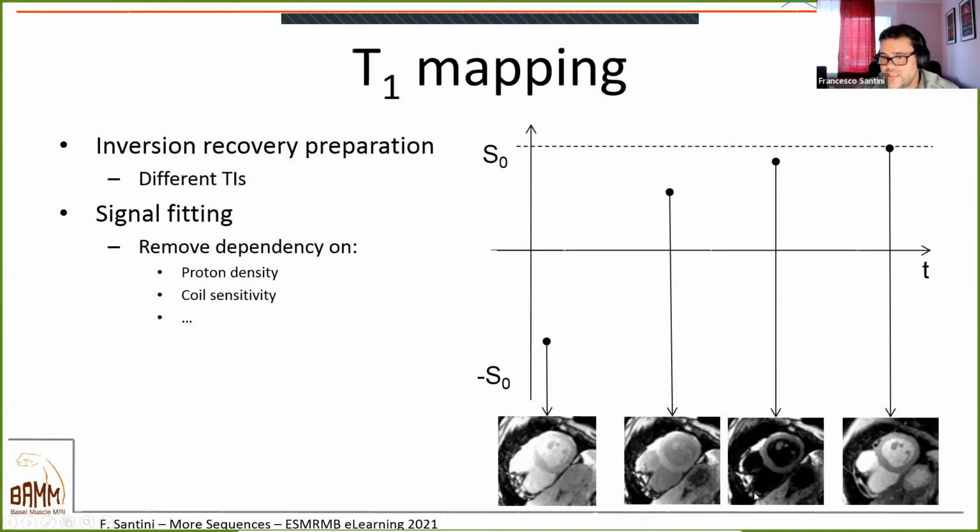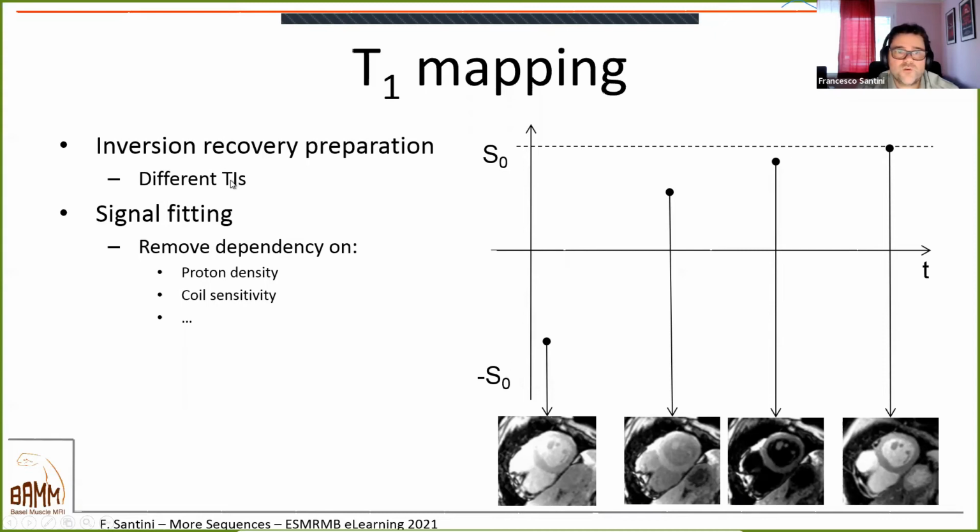So each one of these images is kind of T1 weighted. But if we measure every voxel in this image, we see that the intensity of this voxel, we don't know exactly what intensity it has, but all the intensities together form some sort of curve. And we actually know what curve this is, because we know the characteristics of the signal.